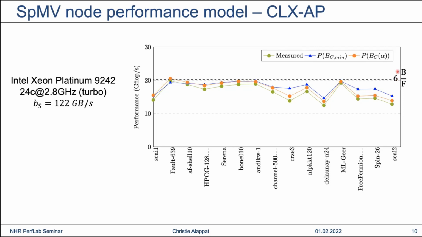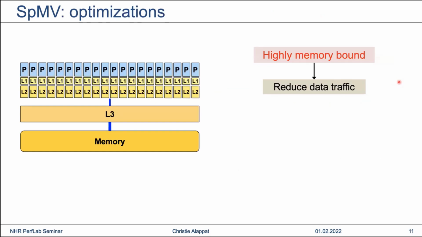But the takeaway message is that most of the data traffic, or the performance, is dominated by the traffic from the matrix. And therefore, any optimizations on SpMV should first focus on reducing the traffic from the matrix.